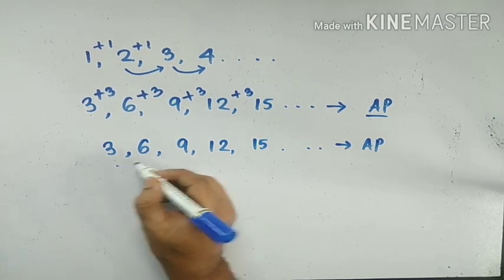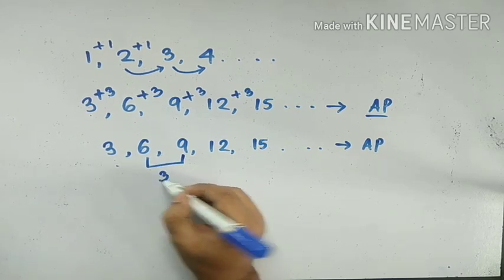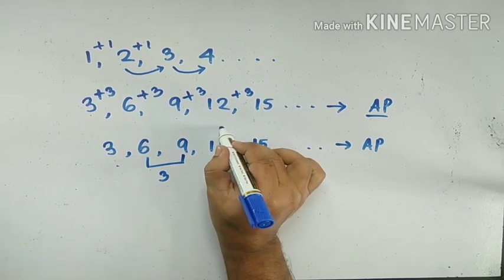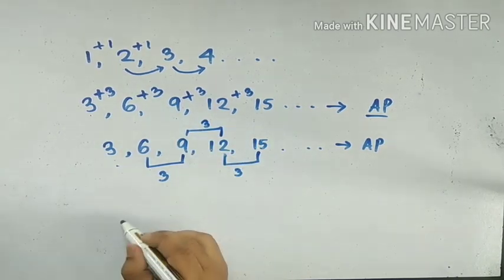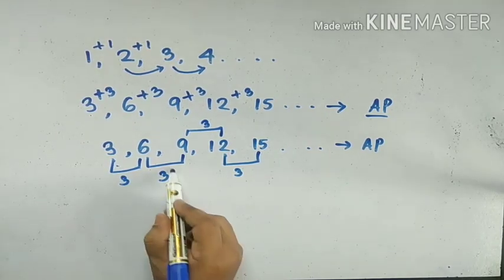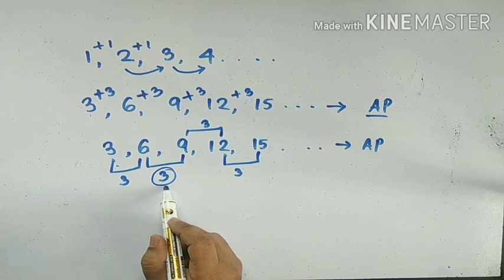Now suppose here 9 minus 6 will be 3, 15 minus 12 will be 3, 12 minus 9 will also be 3, 6 minus 3 will be 3. This is the difference between two consecutive numbers.